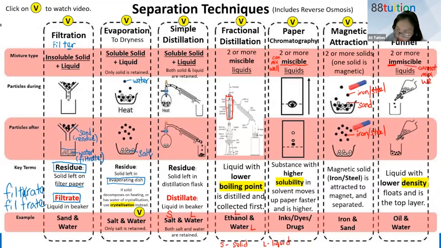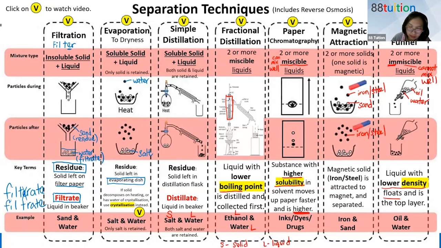So for example, oil and water: you have a layer of oil on top and a layer of water below. That's how you separate them. The one with lower density will float. Then for chromatography, if it has higher solubility in the solvent, it will be a higher spot.